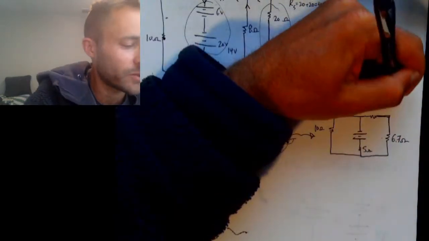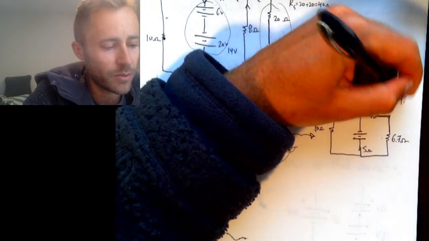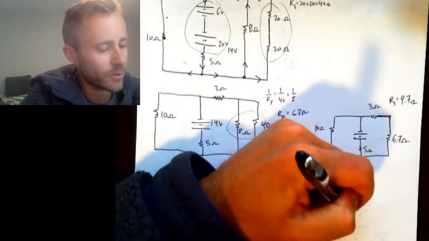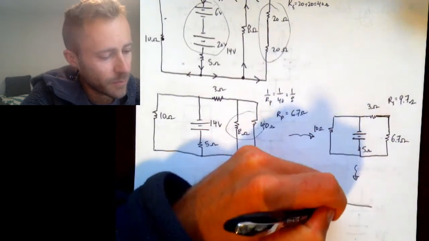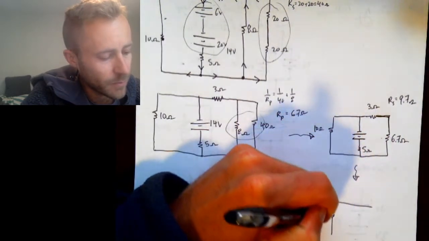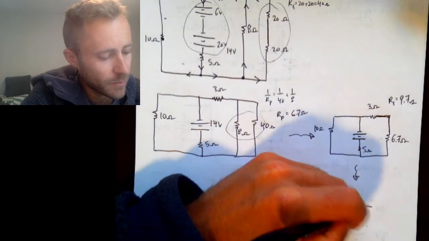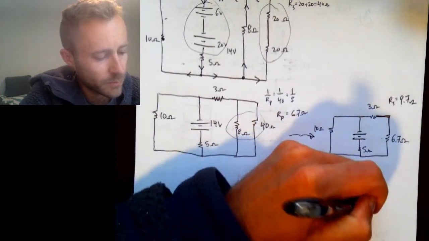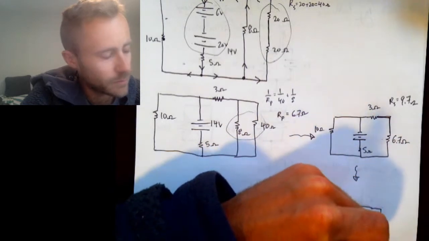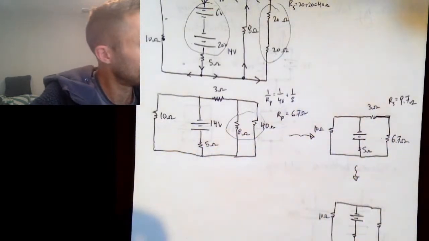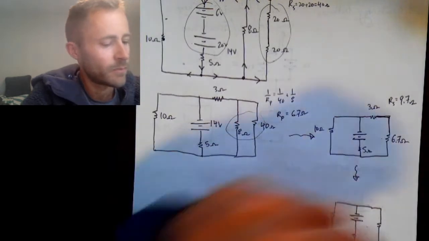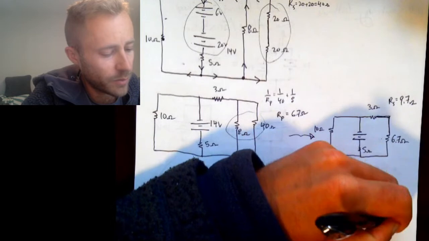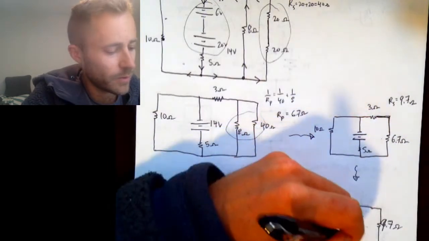So R sub S is going to be the sum of those two, 9.7. Redraw the circuit. 9.7 ohms, 5 ohms.